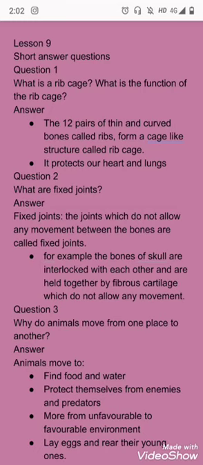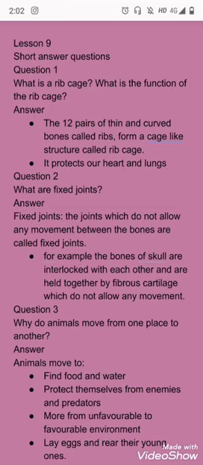So the definition goes: the 12 pairs of thin and curved bones which we call ribs. Means we have 12 pairs. 12 pairs means 24 ribs. So 12 pairs of thin and curved bones which we call the ribs, they form a cage-like structure.